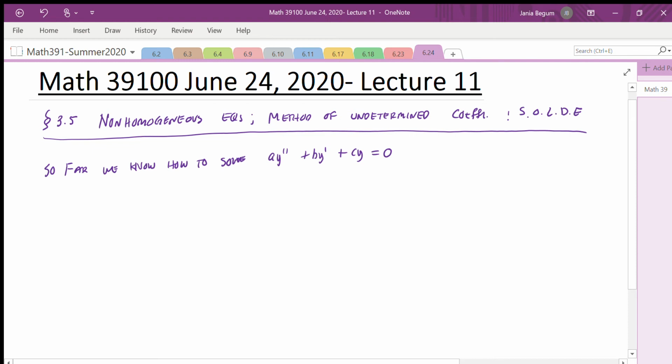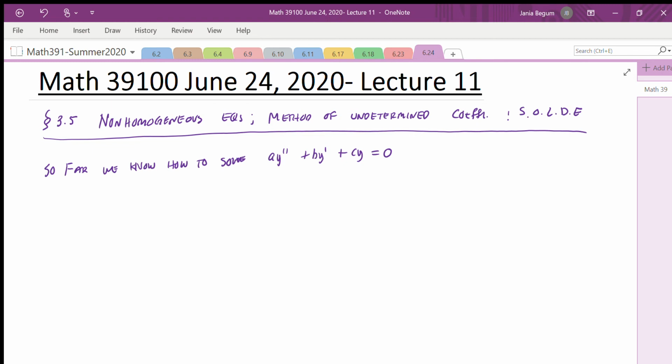Where g of t is equal to 0. And we looked at its characteristic polynomial, and we saw that we can have three different scenarios where the roots are real, distinct, we know how to write the solution. When the roots are real and repeated, we also know how to write the solution. And if the roots are complex, then we also know how to express the solution for complex roots.